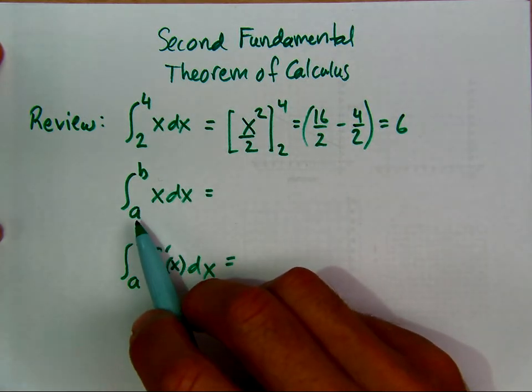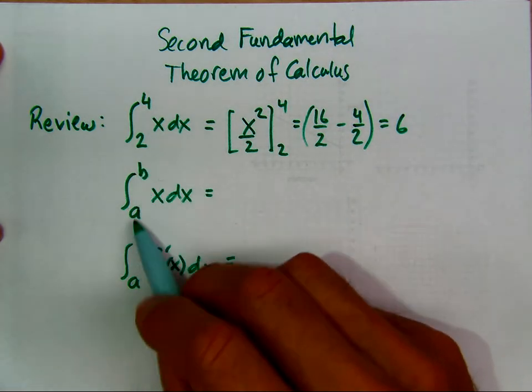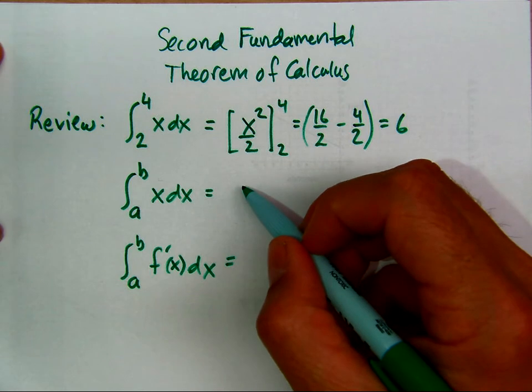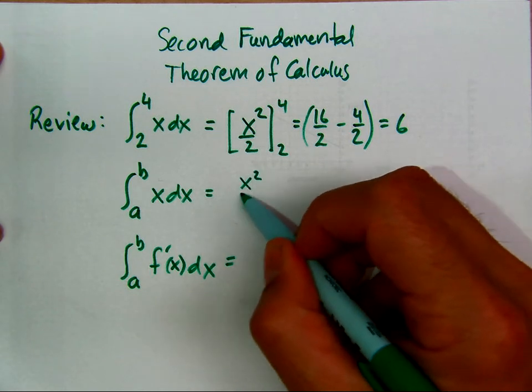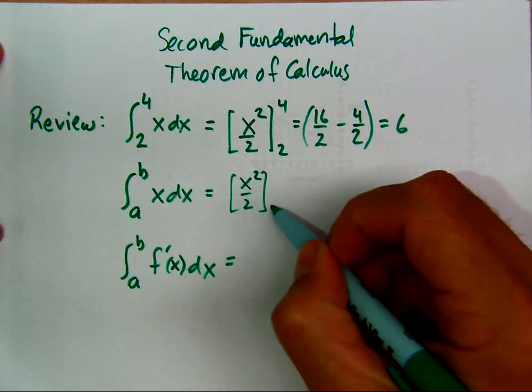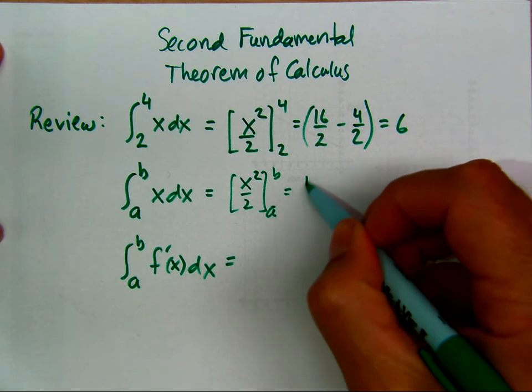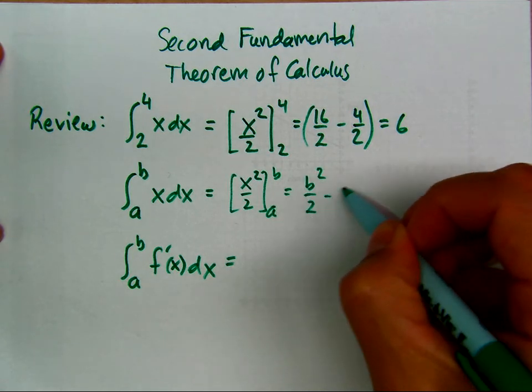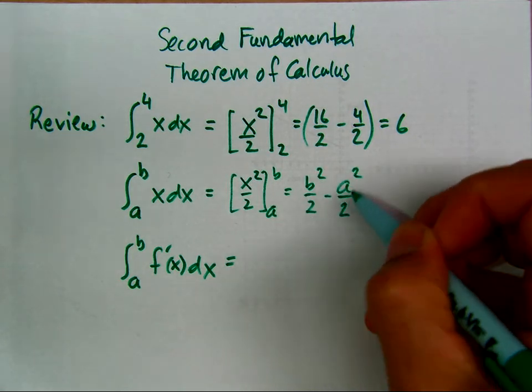We can do the same procedure, but now we have variables for the limits. So we'll have the antiderivative, b squared over 2 minus a squared over 2.